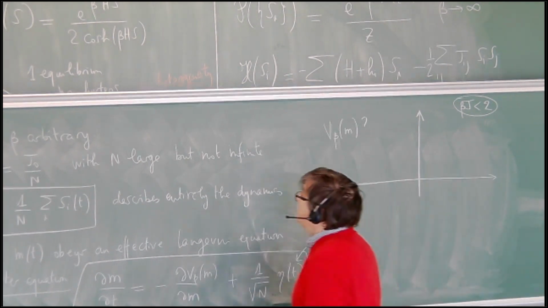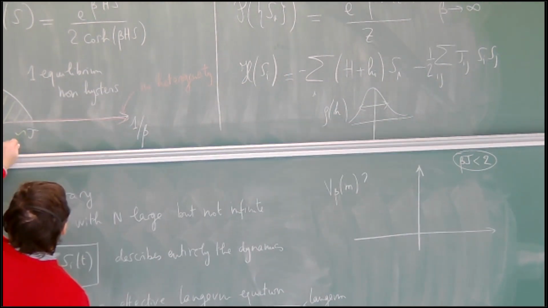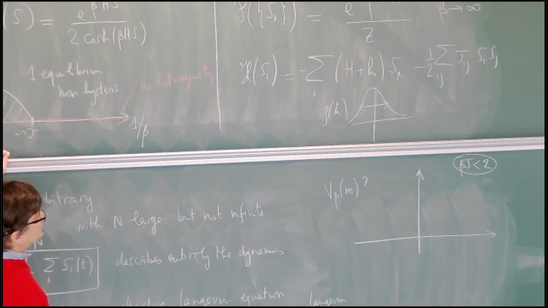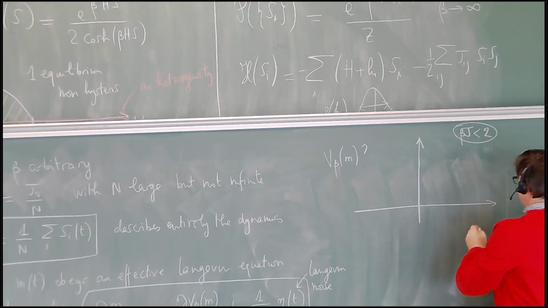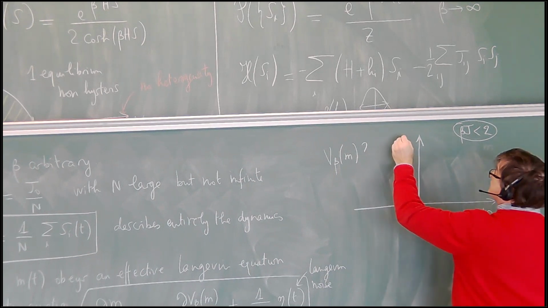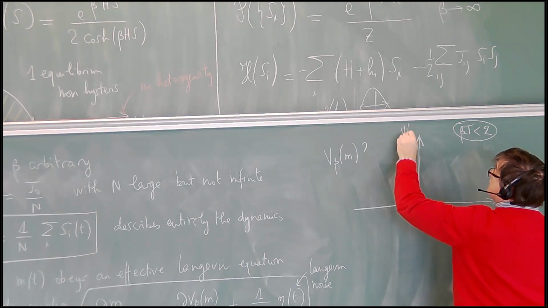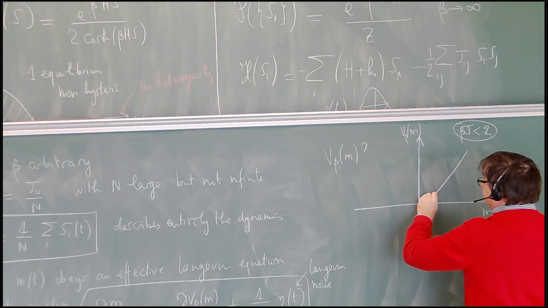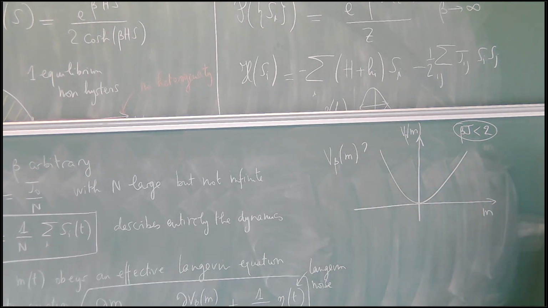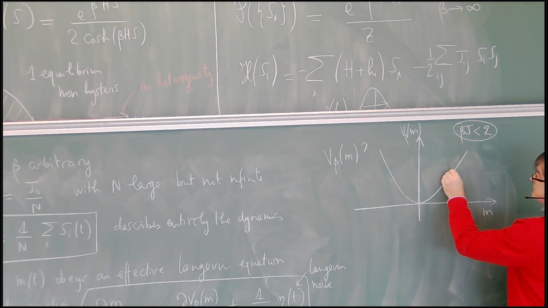So what I'm describing here is this transition at that point. So when beta J is less than 2, V of m has a unique minimum, and it has this shape. Okay. And so if capital N was really infinite, it would be easy to understand what's going on.